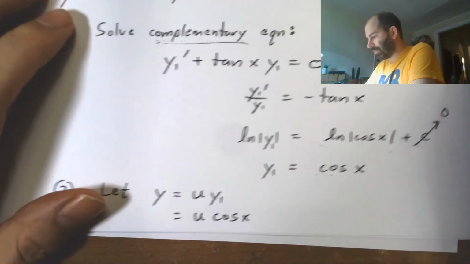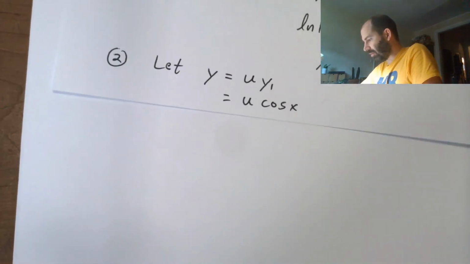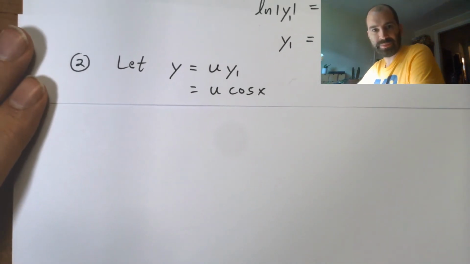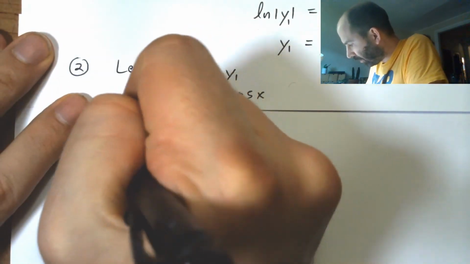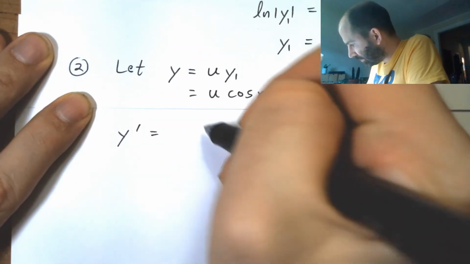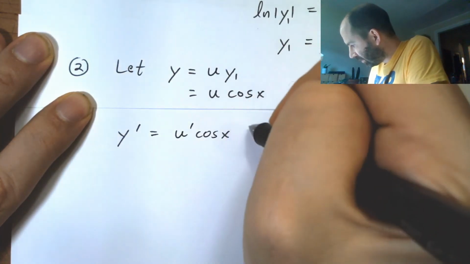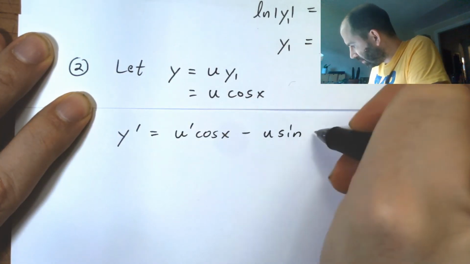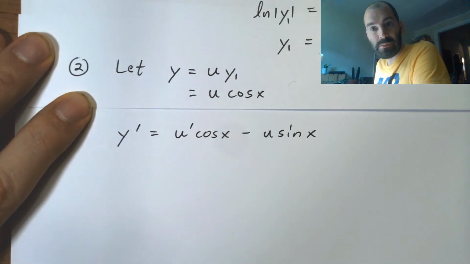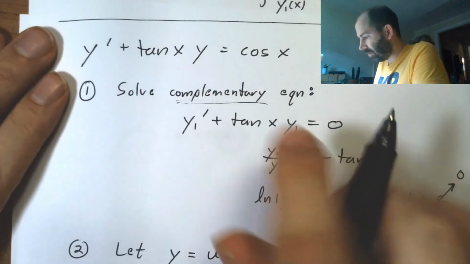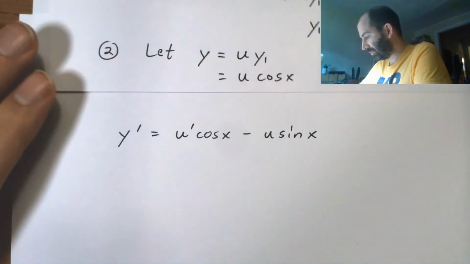Okay? So what happens here? What did we do before? We computed y prime. So we get u prime cosine x minus u sine x, right? Plug that into the original differential equation.